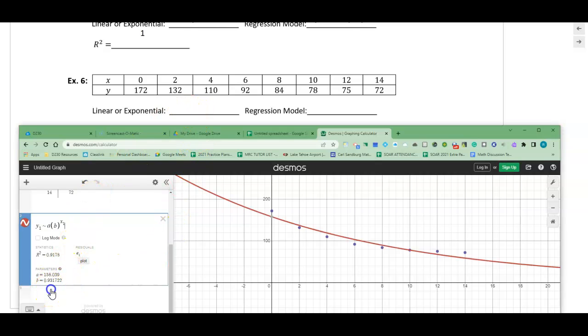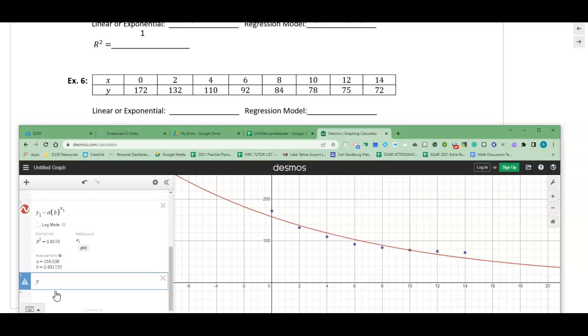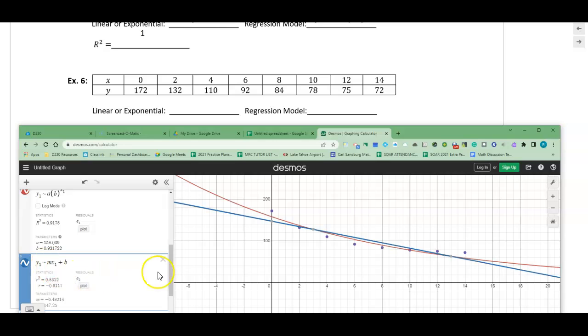So here's the thing though, I want you to see, so y1 tilde mx1 plus b. And if you look, the r squared value for the exponential model was 0.91. The r squared value for the linear regression was 0.83. So you can tell the better fit is the exponential decay model.